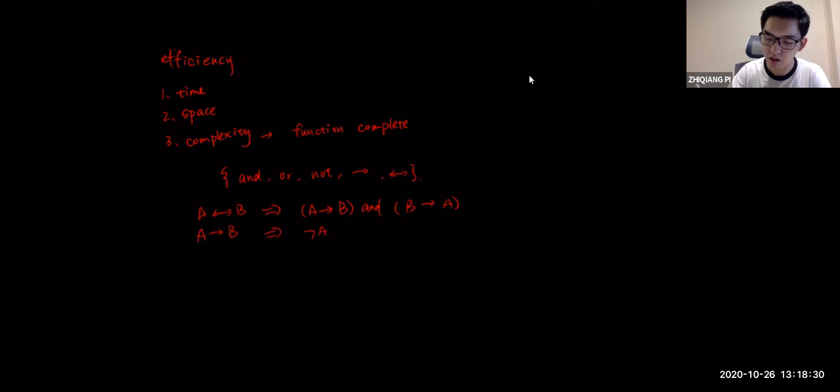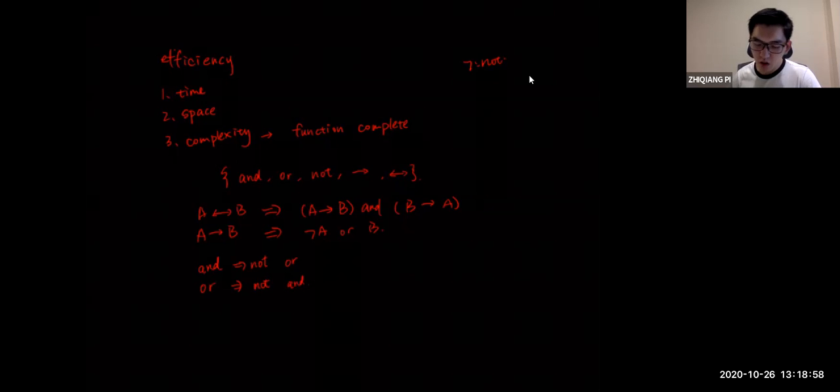and or. Sometimes they use this for not, for simplicity, not A or B. And at the same time, we know that by De Morgan's law, we can construct and using a not gate and an or gate. And we can construct an or using only the not gate and the and gate.